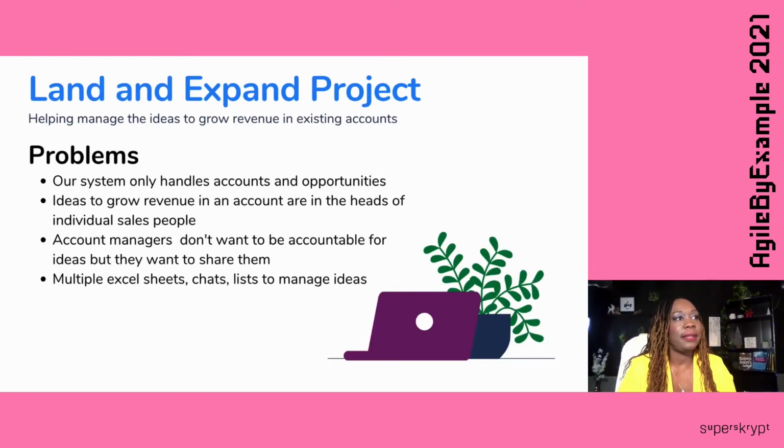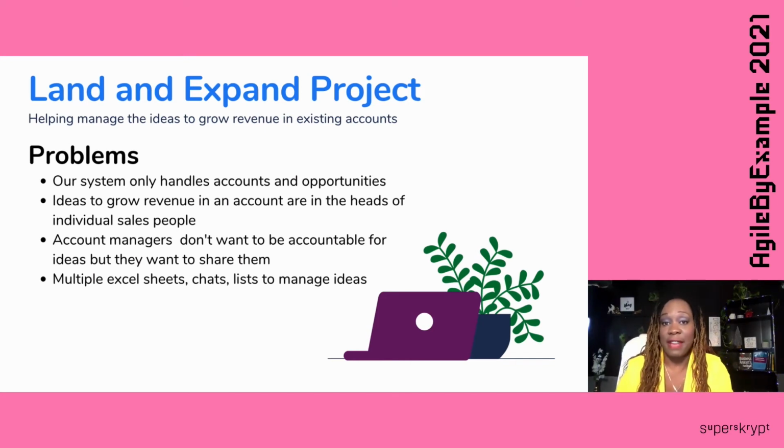So the problem we were trying to solve for was that the system was only handling accounts and opportunities. If you're in the sales world at all, you know that an opportunity is almost like a qualified lead. I might be saying it wrong because I'm not a sales expert, but you qualified the lead and you know that there's a potential for this person to become a customer, right?